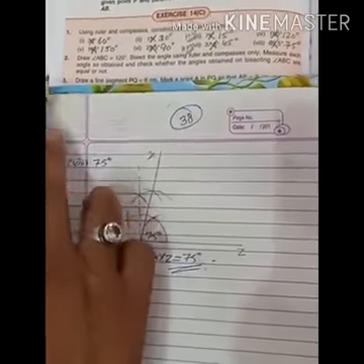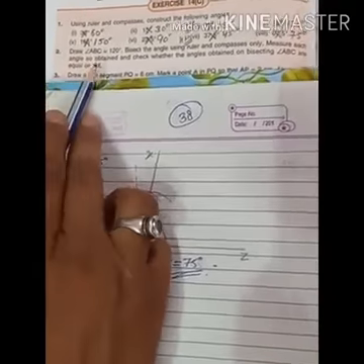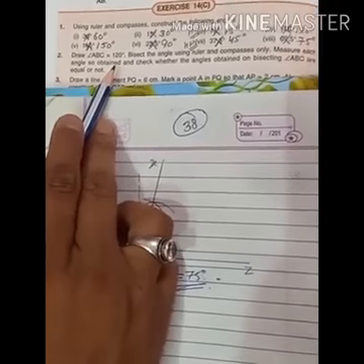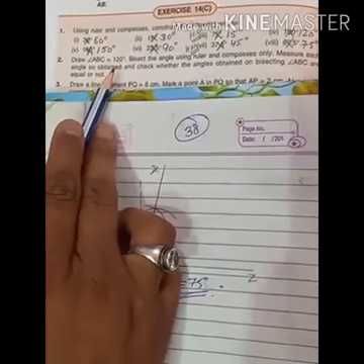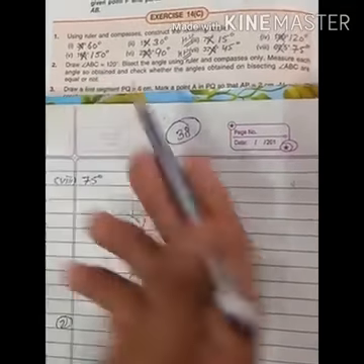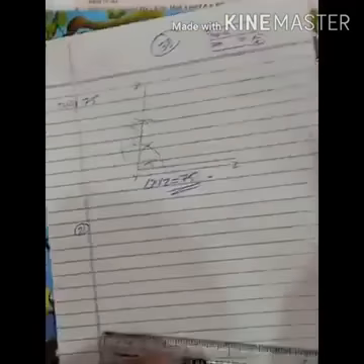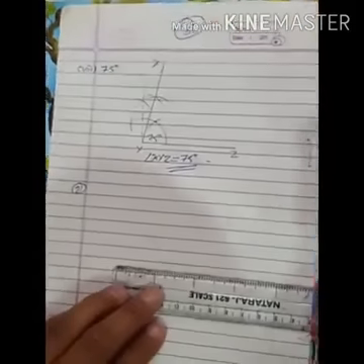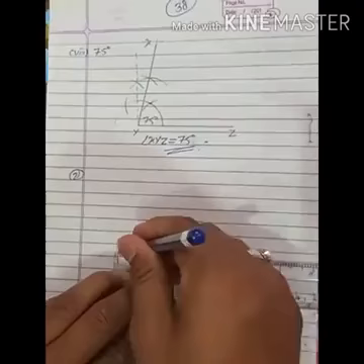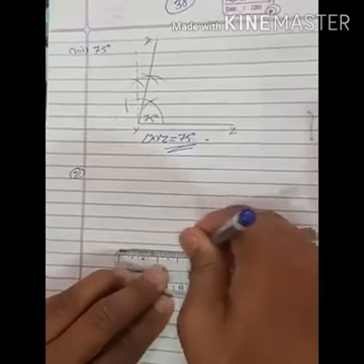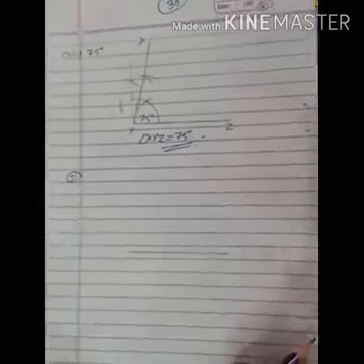Now students, see second sum. Draw angle ABC is equal to 120 degree. So first of all we have to draw angle 120 degree. So we will draw that angle ABC. So draw a line of any length. ABC we have to draw, it means on B vertex.